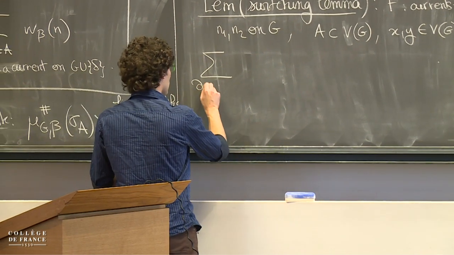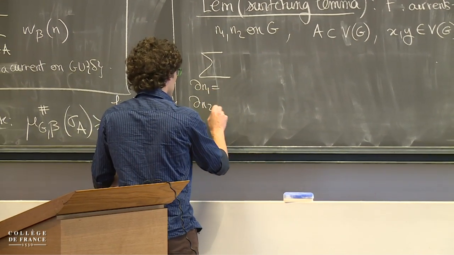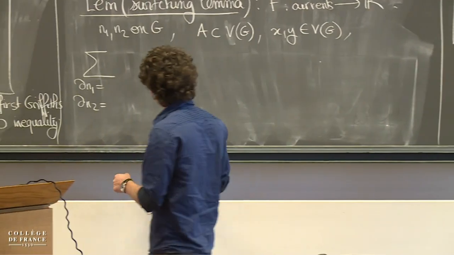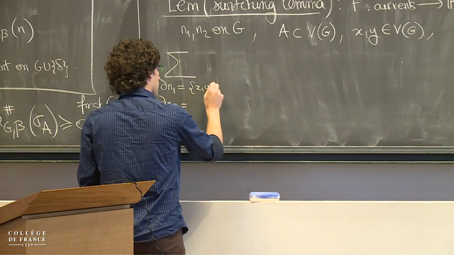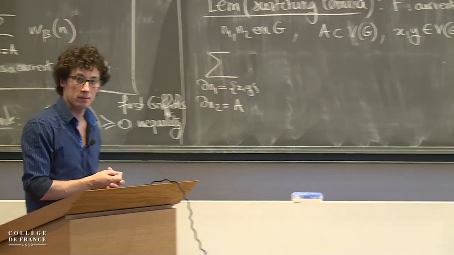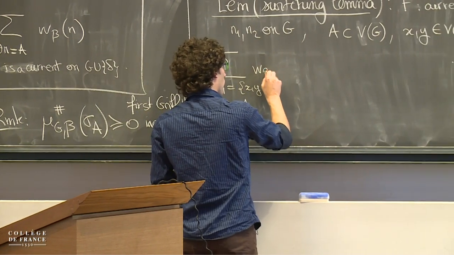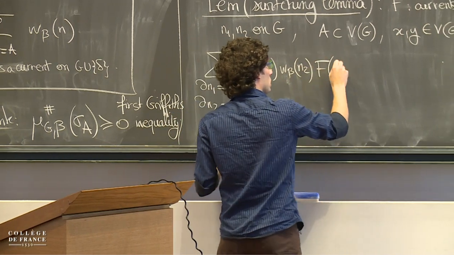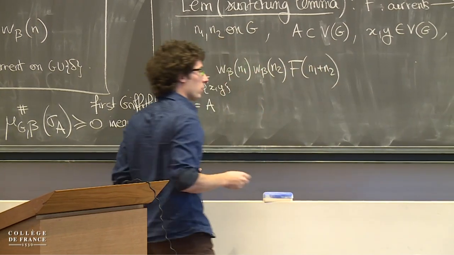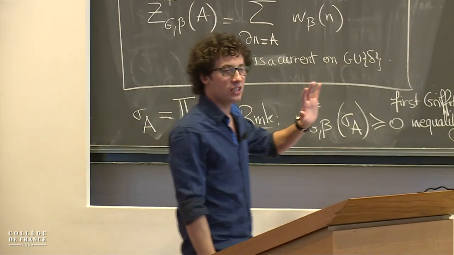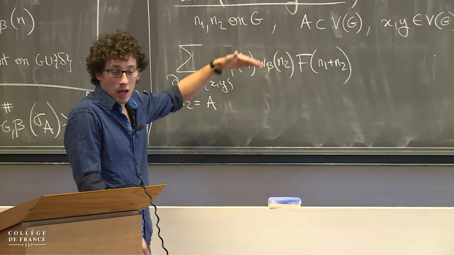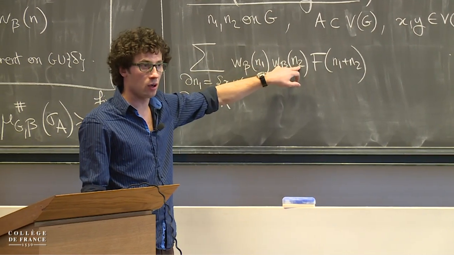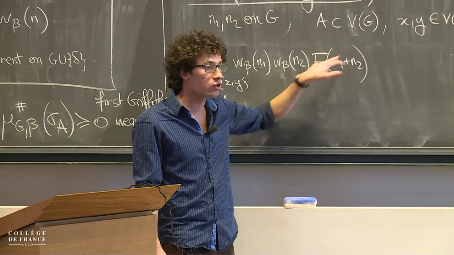The switching lemma is saying, imagine I am summing over two currents, the first current has sources X and Y, and the second sources A. And I'm summing W beta of N1, W beta of N2, and I'm averaging the function at N1 plus N2. So really imagine that, after, we will divide by some partition functions. So really think of, I'm taking two independent currents, and I'm looking at the function of the sum of the two.